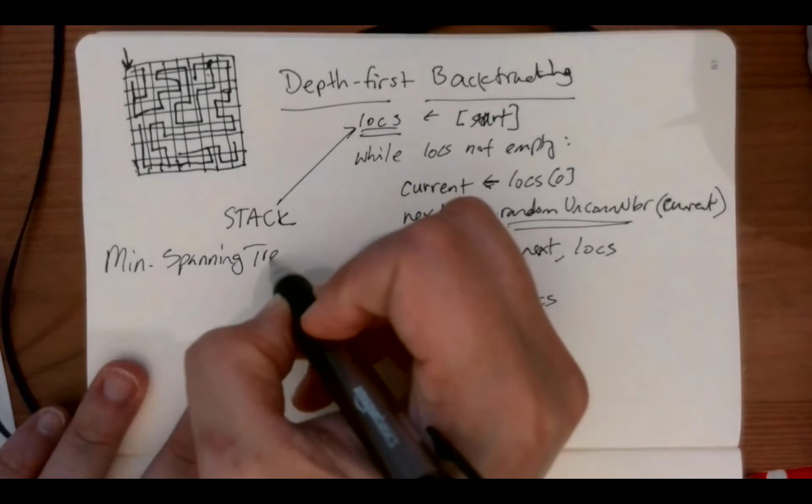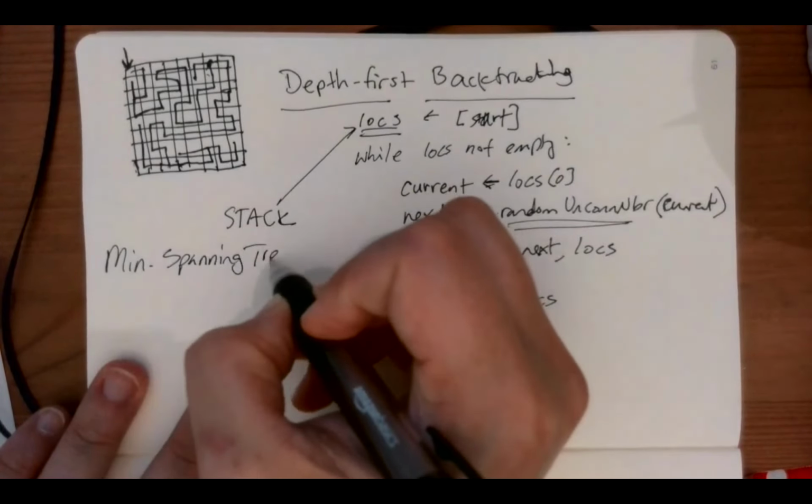But the difference is now you can label these edges with weights. So you can basically assign a cost to including them in your graph. You can say, some of them have very low cost, some of them have very high cost, and the relative costs of these edges will determine how the minimum spanning tree algorithm works.